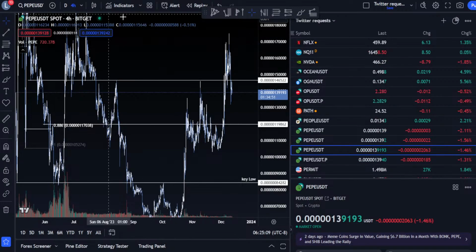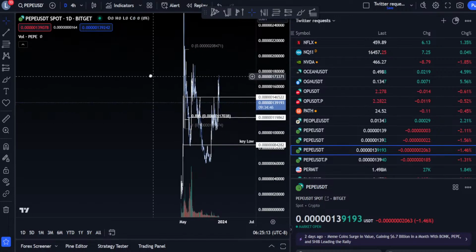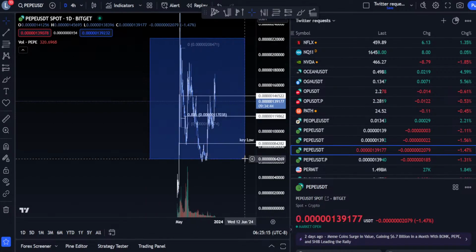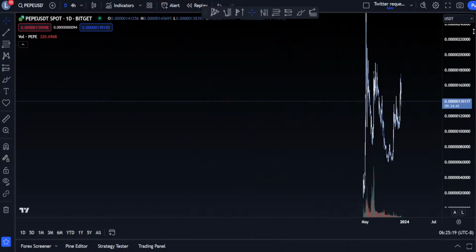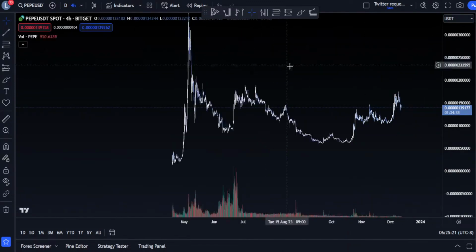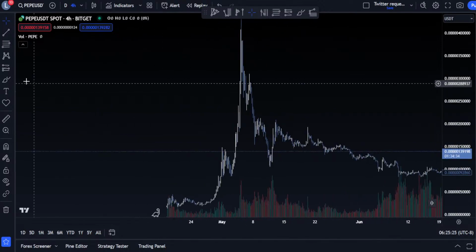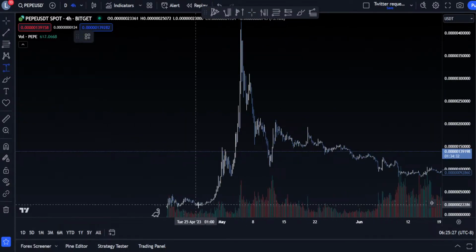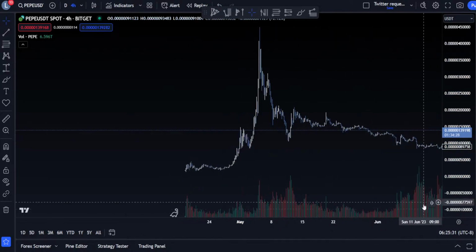Where's the deepest price history going to be? Oh, it gets pretty deep. All right. So it'd be quite difficult to make sense of this price action if you're not on a log scale with a 5,000% gain.